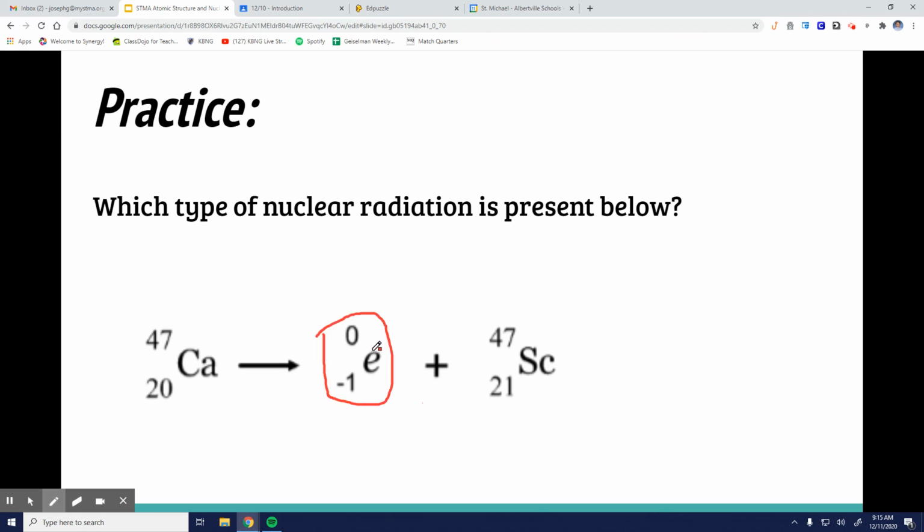Again, the particle being released, or the components, we have our reactant and we have our products over here. That's going to tell us exactly what's going on. And in this case, we have a beta particle being released, which tells us it's beta decay.